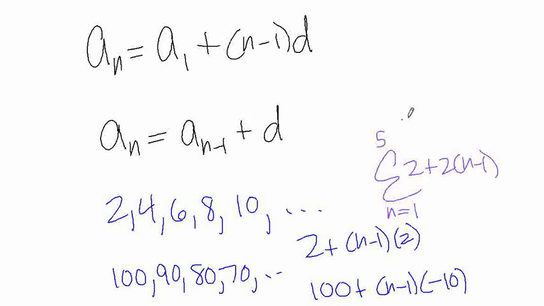All right, so now let me do one more example, and then I'll have you do an example. Suppose that I wanted to find the non-recursive function that described the following sequence.